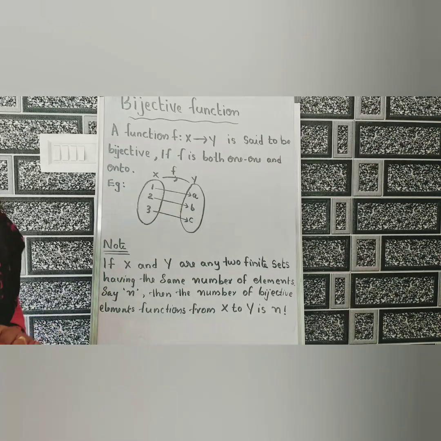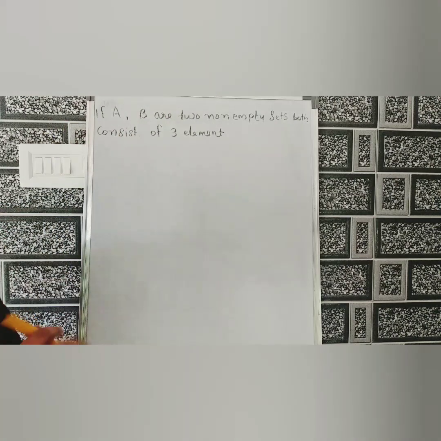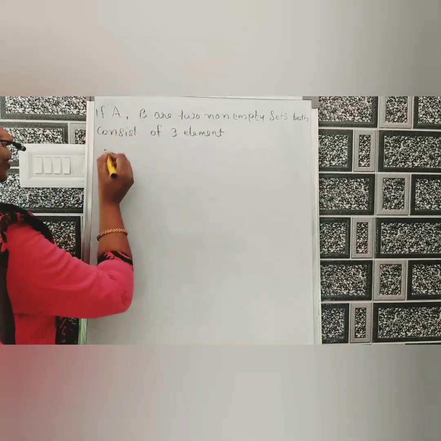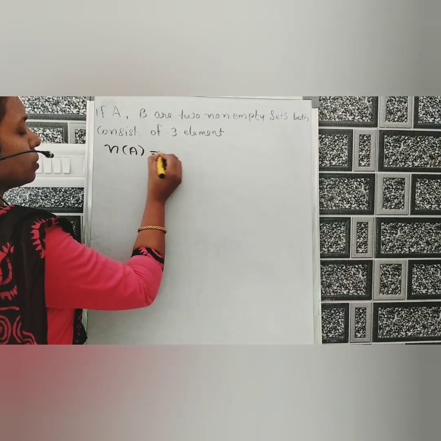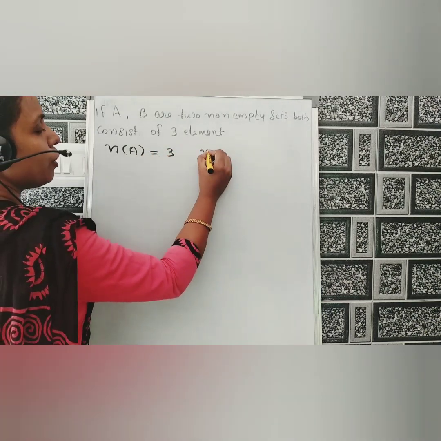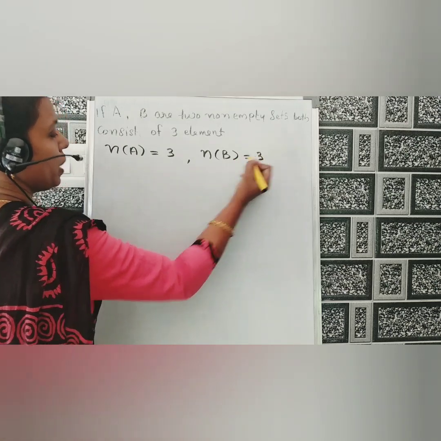For example, if A and B are two non-empty sets, both consisting of 3 elements, then n(A) is 3 and n(B) is 3.